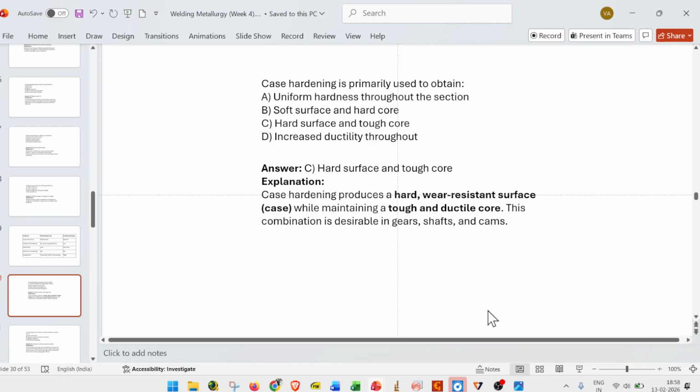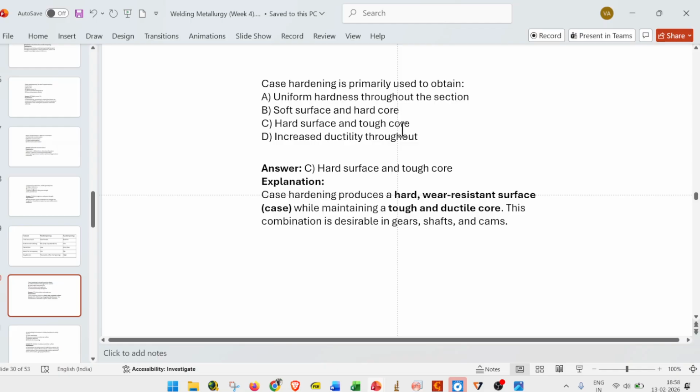If we form the martensitic phase on the surface, that will increase the hardness. Or if we increase the carbon content in the surface, that also increases its hardness. Or if we add any other alloying element, then also the surface hardness will increase. Okay. So case hardening is where we require surface hardening.